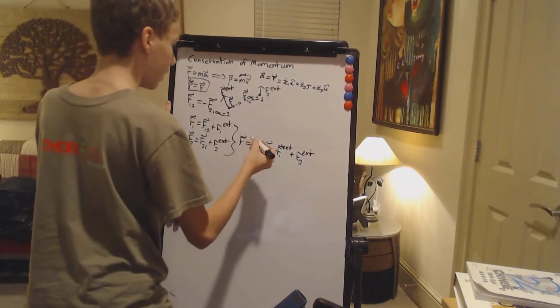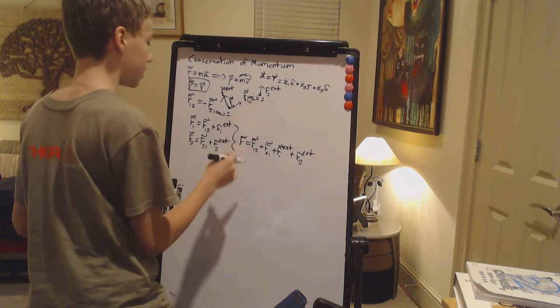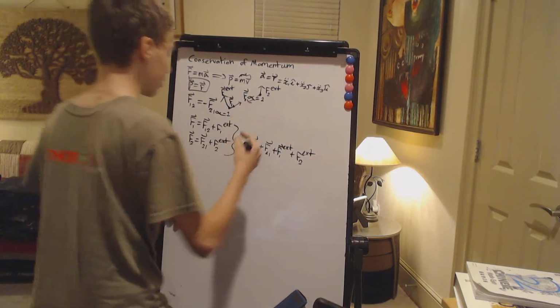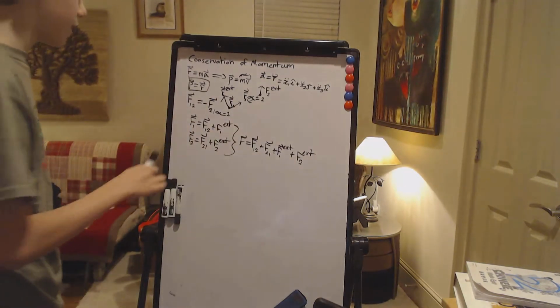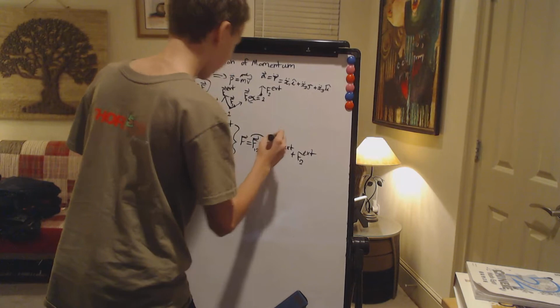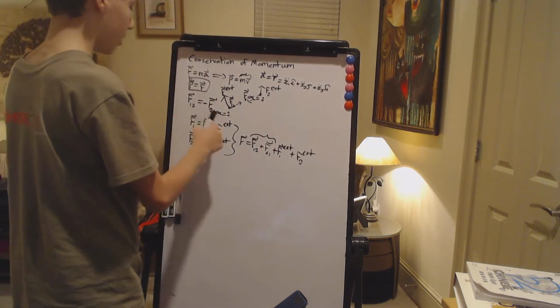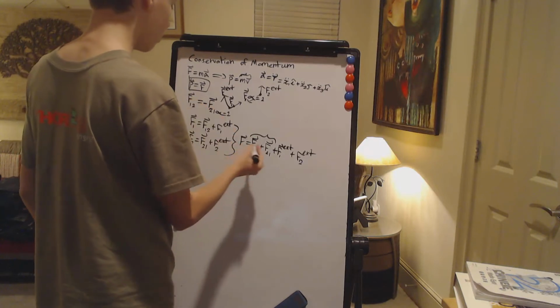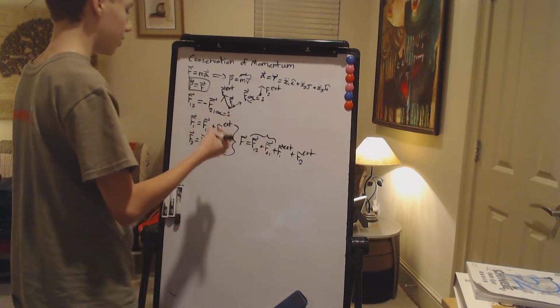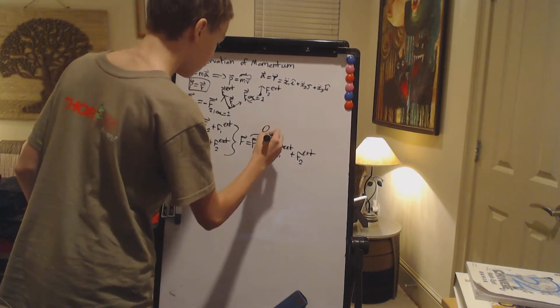Note that we're dealing with classical mechanics here, so let's assume this is an inertial reference frame. Newton's law holds that these two will cancel out, since the force on 1 due to 2 is equal to the negative of the force on 2 due to 1. So these will cancel out to 0.